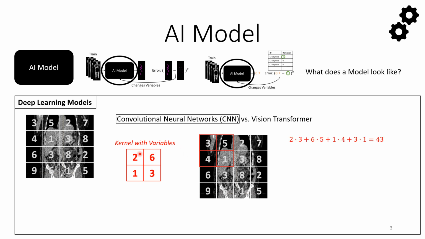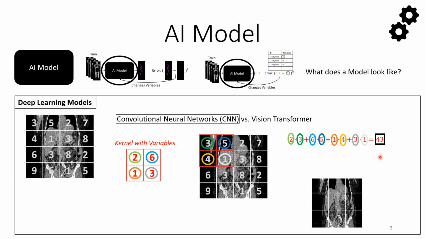So we multiply 2 with 3 because they are on top of each other. Then we add 6 multiplied by 5. Then we add 1 multiplied by 4, and we add 3 multiplied by 1. This gives us 43. This is our new value we get out.